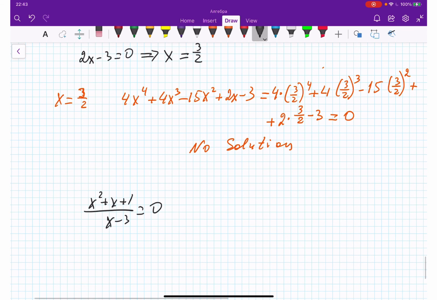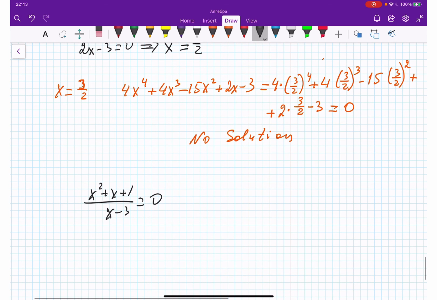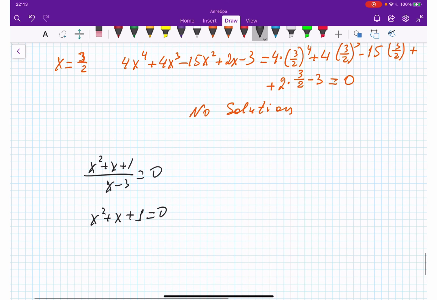All right, let's solve the numerator. x squared plus x plus 1 is equal to 0. The numerator itself doesn't have a solution, because x squared is positive, and even if x is negative, the expression never reaches 0.